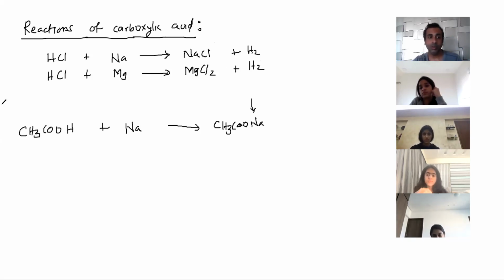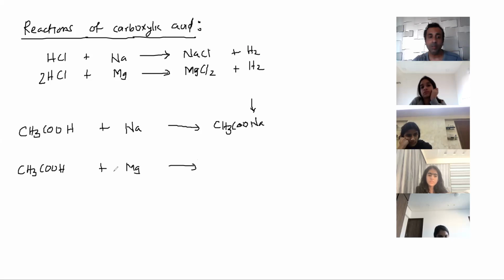And plus hydrogen. So of course I will have to take 2H here. So magnesium has displaced both the H of the 2 HCl. Now, if I take the same case here, CH3COOH plus magnesium, magnesium is going to displace, and of course I will require 2 here, same as that.